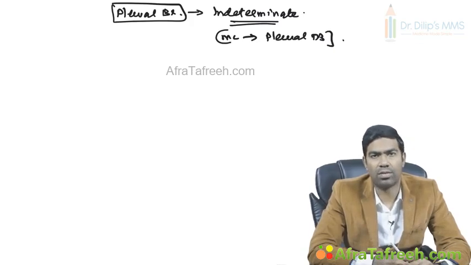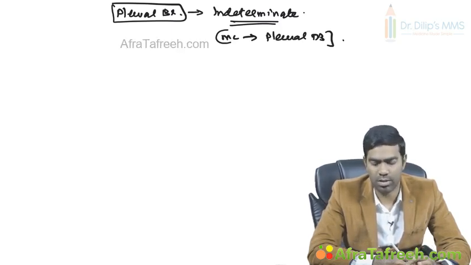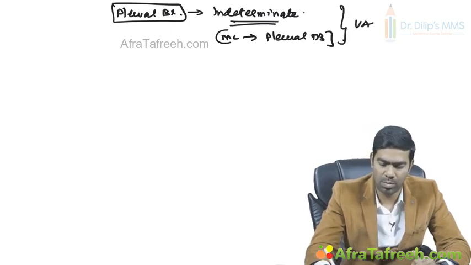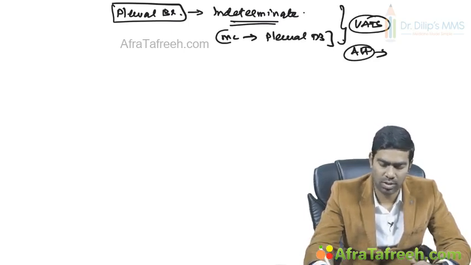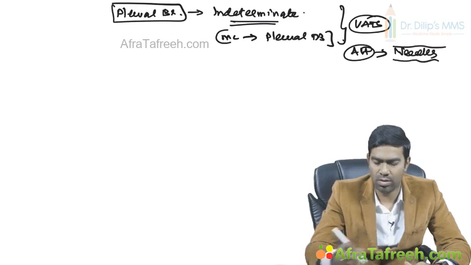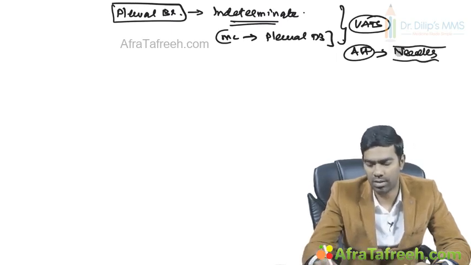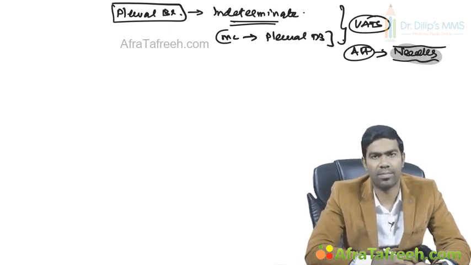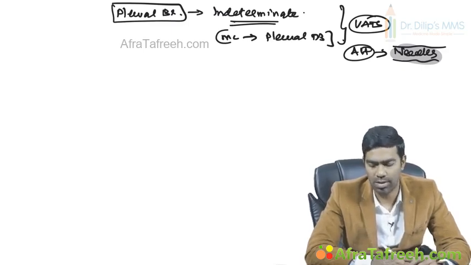Suppose you do not have a very high ADA level, but it is still strongly suggestive of pleural tuberculosis, then you can do a pleural biopsy. The typical way to do a pleural biopsy is VATS, but in the old days they used to do it with biopsy needles straight away. Without VATS, using these biopsy needles straight away is currently not an option. So send to VATS as much as possible.